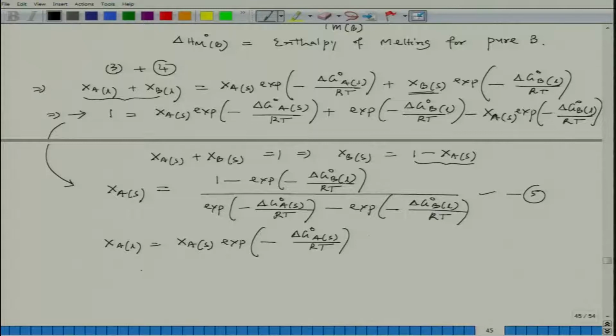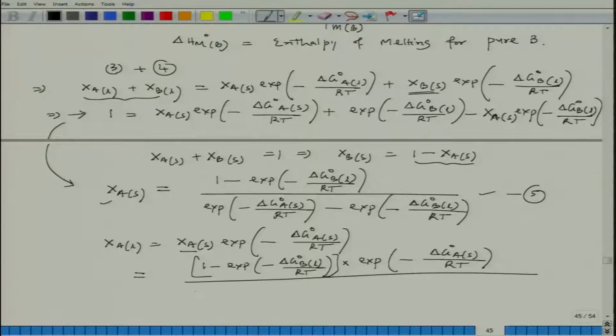So then I replace it, and XAL becomes 1 minus exponential minus delta G0 BL by RT into exponential minus delta G0 AS by RT divided by exponential minus delta G0 AS by RT minus exponential minus delta G0 BL by RT. So this is XAL.